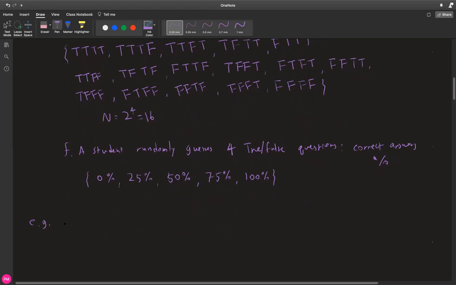We're going to write out the event described by the following.